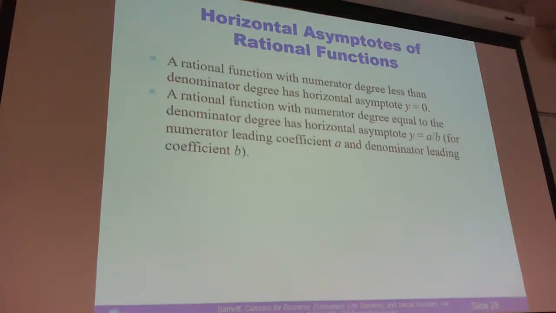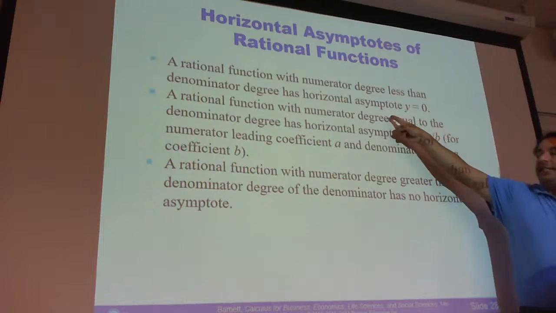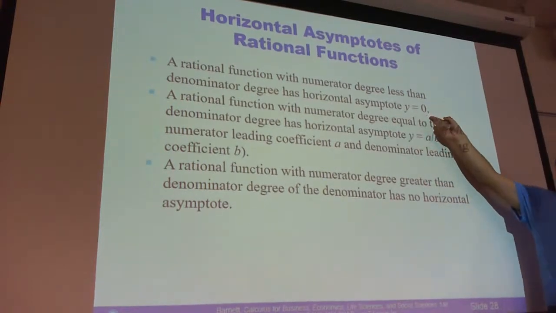Okay, horizontal. These are the ones I want you to write down. For horizontal asymptotes, a rational function with a numerator degree less than the degree of the denominator: if the top degree is lower than the bottom degree, yes, you have a horizontal asymptote at y equals 0.